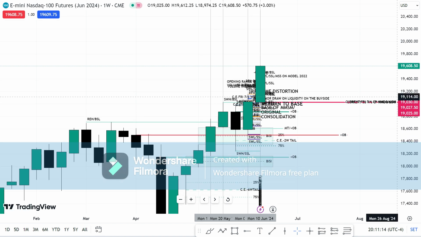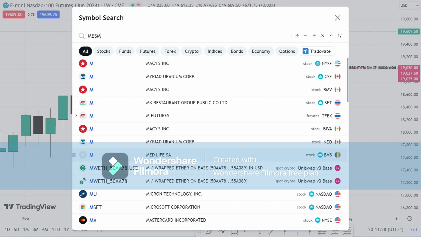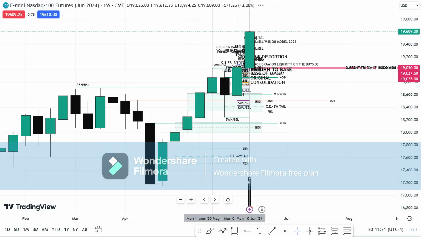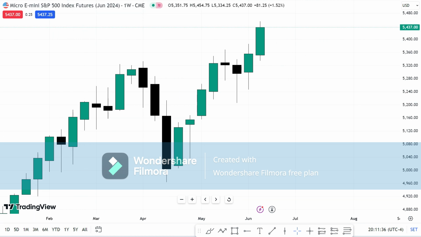That is the reason why I decided to use my micro plan, going to the micro contract, where one handle or one point is $2, and $5 for S&P instead of 50.